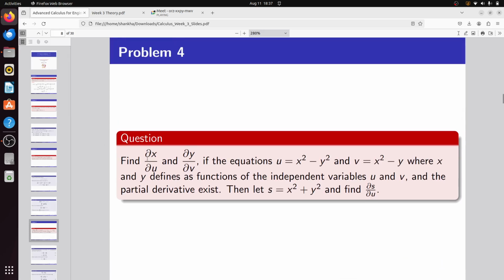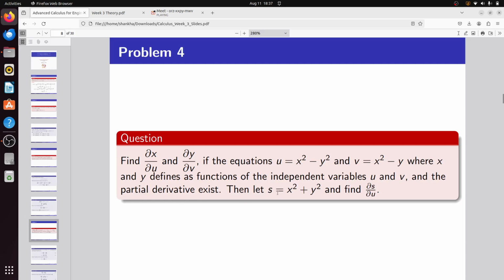So you need to find del x del u and del y del v if the equations are u equal to x square minus y square and v equal to x square minus y, where x and y are defined as functions of the independent variables u and v, and the partial derivatives exist.